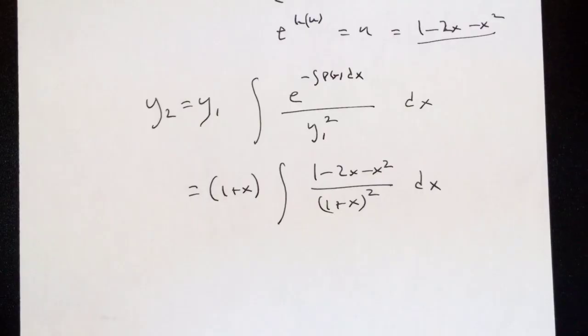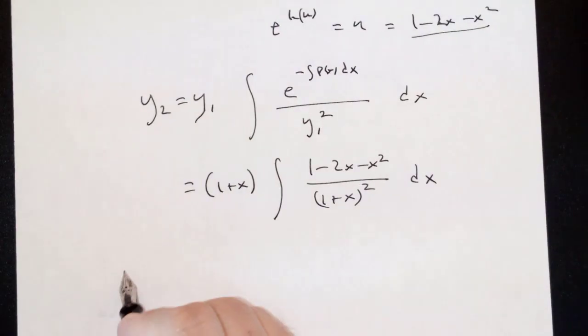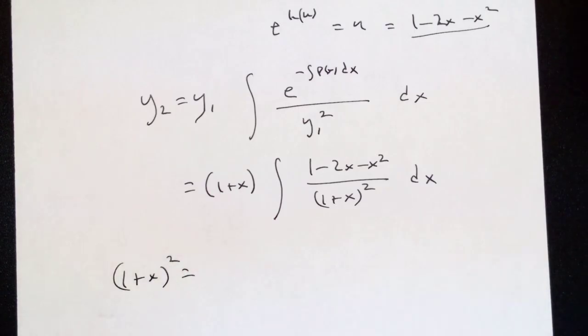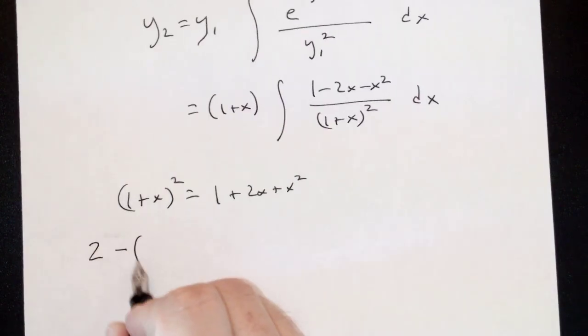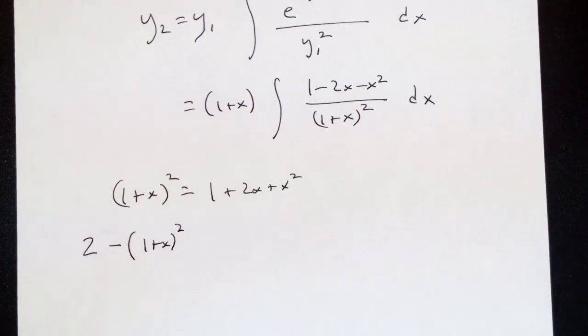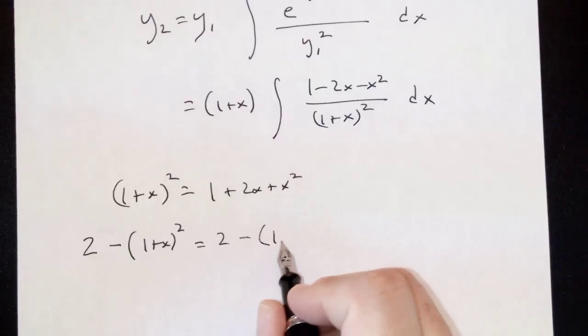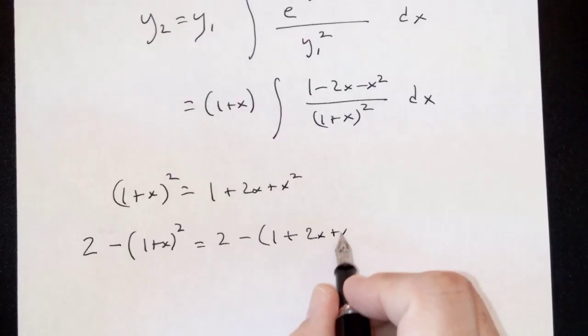Hey, hang on a second. What's 1 plus x all squared? Oh, so that's... The only difference between this and this is the signs, right? 2 minus (1 plus x) quantity squared would be 2 minus 1 plus 2x plus x squared.